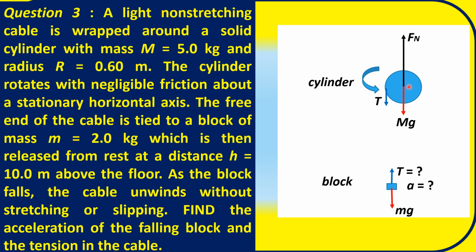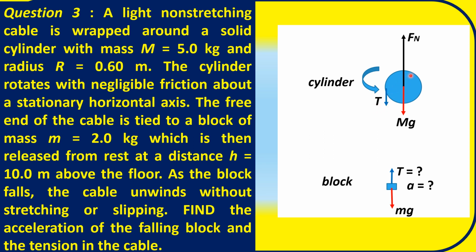It is fixed in such a way that it cannot move down linearly. It can only rotate about that axis of rotation. So the force that is exerted by the cable is labeled here as capital T.